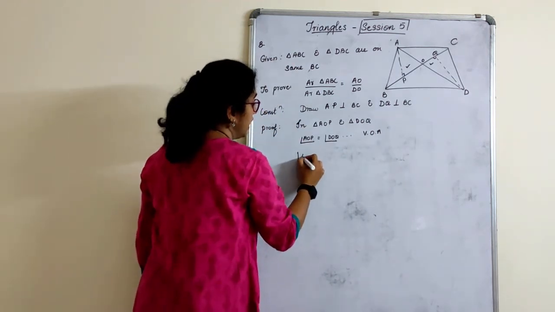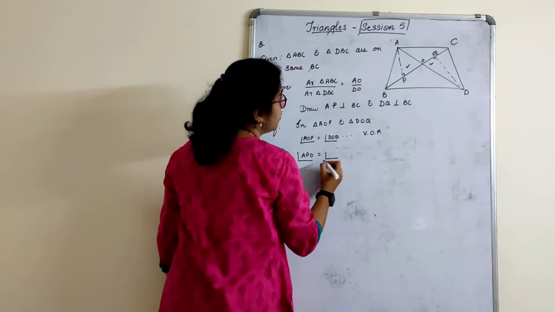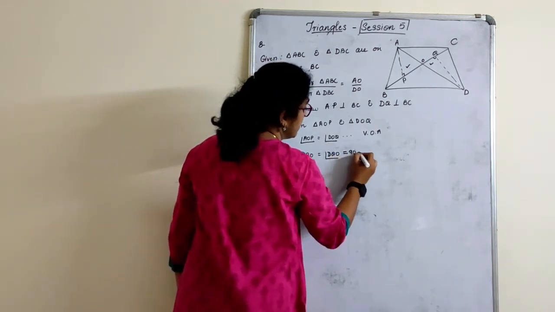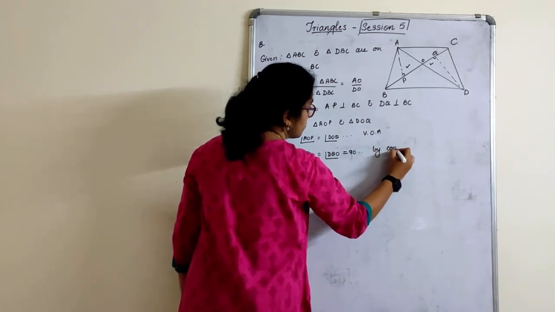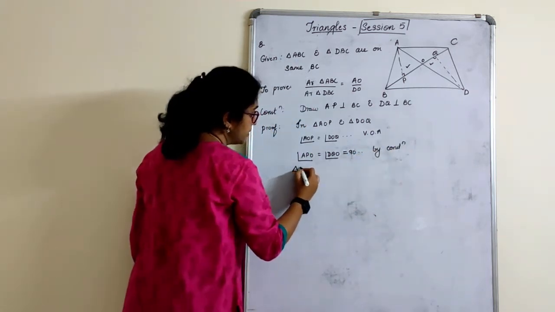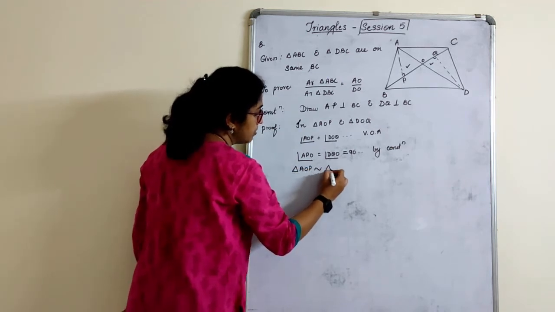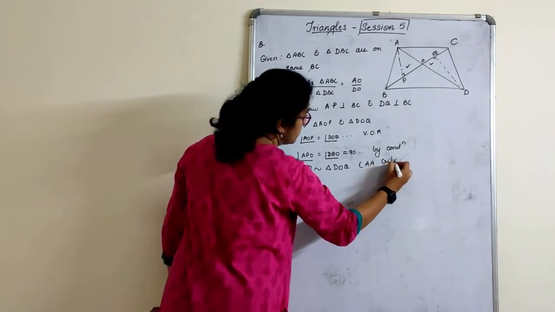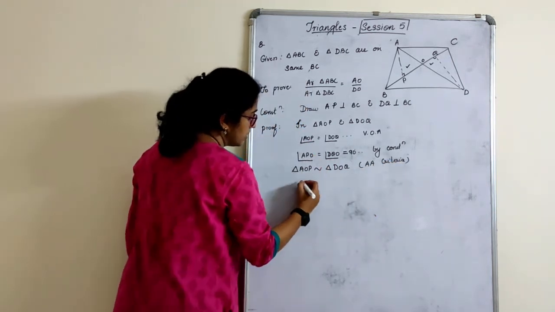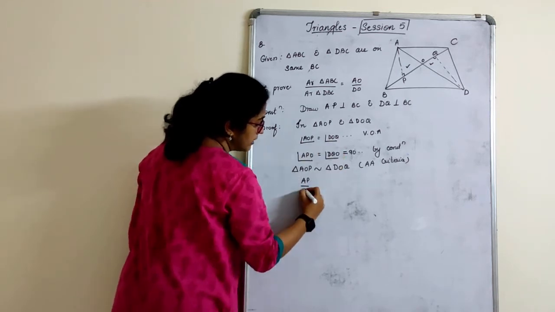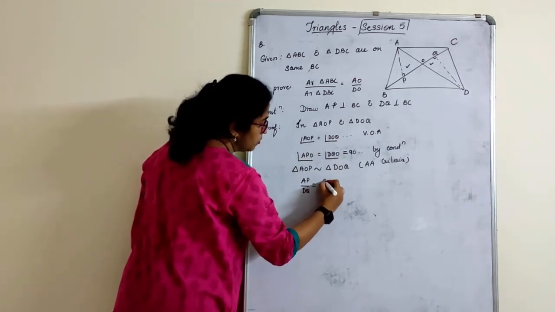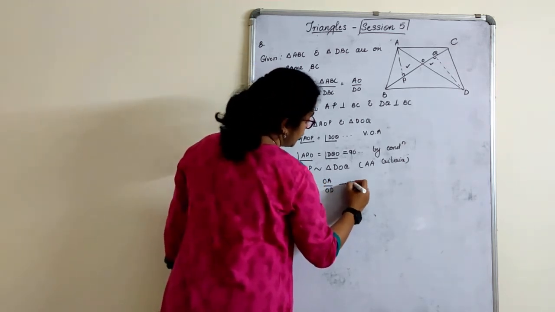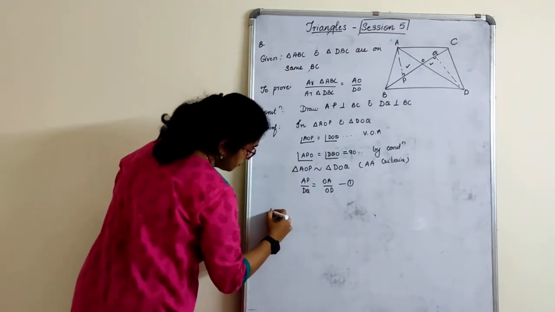Next, angle APO is equal to angle DQO is equal to 90 degree by construction. Triangle AOP is similar to triangle DOQ by double A criteria. Write the corresponding sides. AP upon DQ is equal to OA upon OD. Keep this as it is. Equation 1.